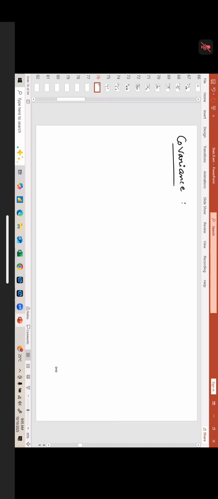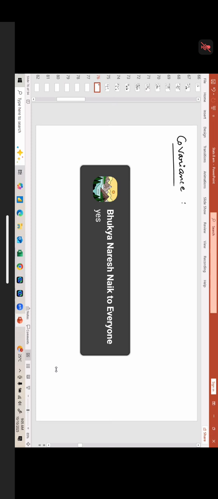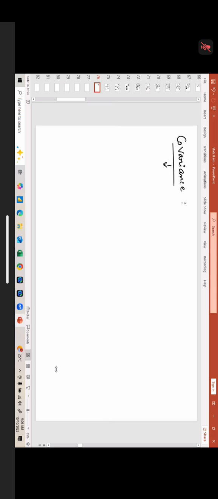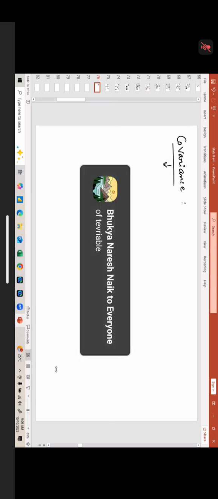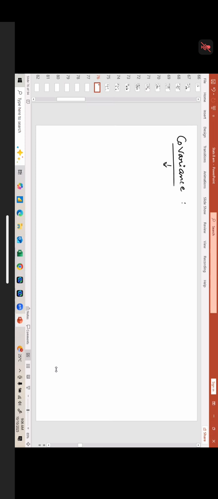Covariance. Anyone know what is covariance? Direction. See, how many relationships do we have? While we are learning about scatter plot, we have seen different types of relationships.